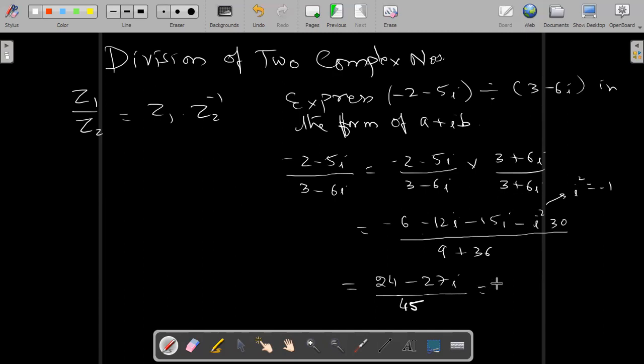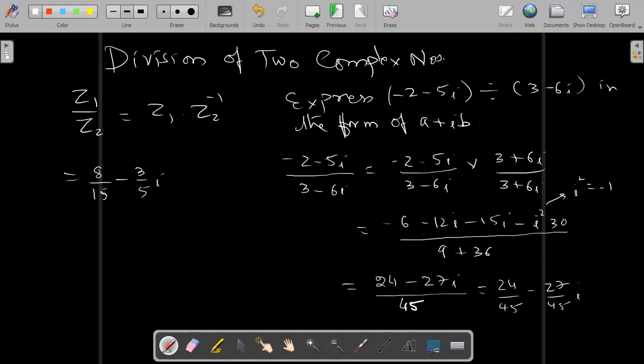So we get 24 upon 45 minus 27 upon 45 iota, which can be cancelled. 3 eights are 24, 3 ones are 3, 3 fives are 15, so 8 by 15; minus, 3 nines are 27, 9 fives are 45, so 3 by 5.